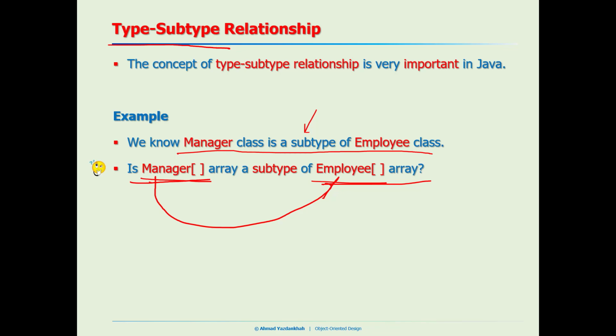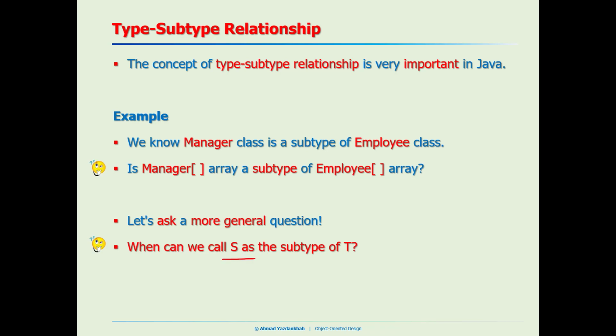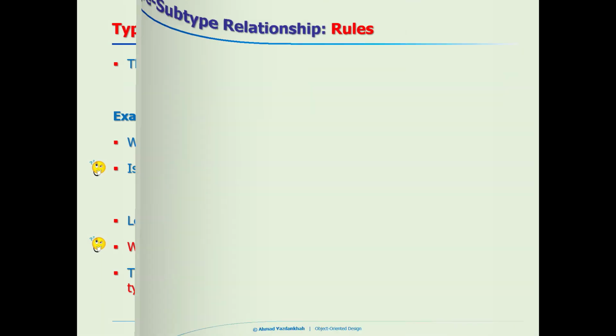And this is a more general question about S and T. So when can we say that S is a subtype of T in general? To answer this general question, we need to define precisely the type-subtype relationship rules. Okay, so here are the rules in Java.